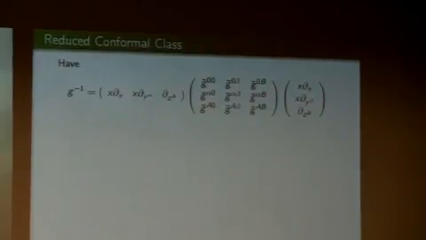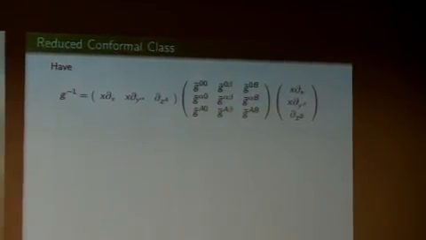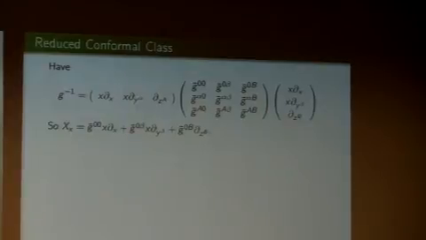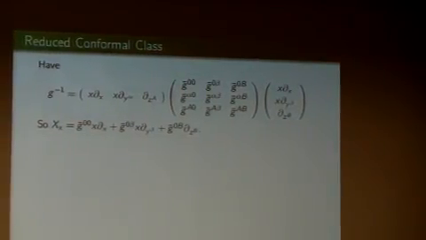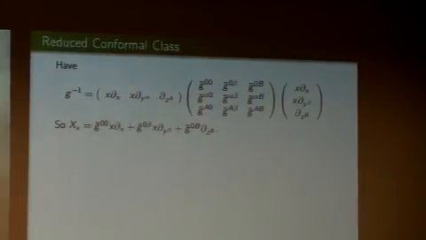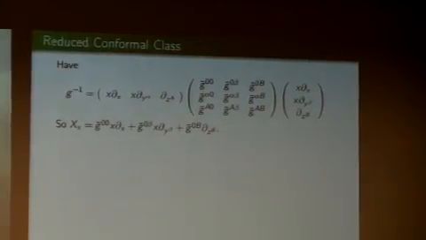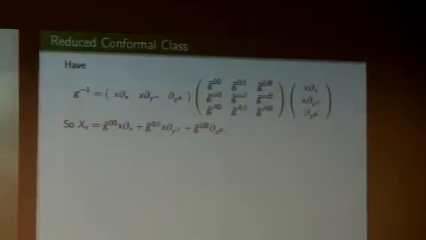Okay, so now let's make this explicit first of all. So again, let's go back. Here's our inverse metric. So if you want to see what's the corresponding vector field, well, you basically have to just look at the first row of the matrix times your basis vectors, because we're looking at the first vector.